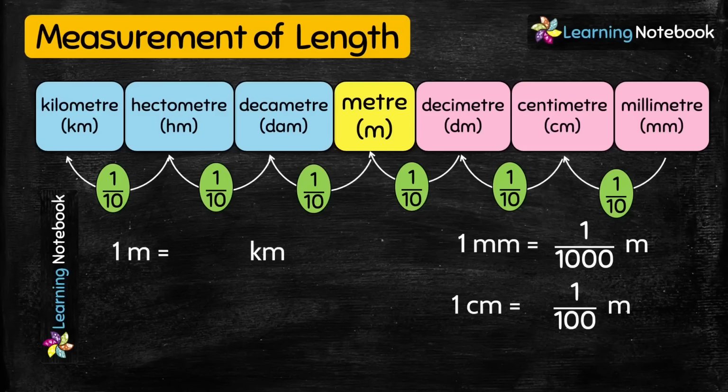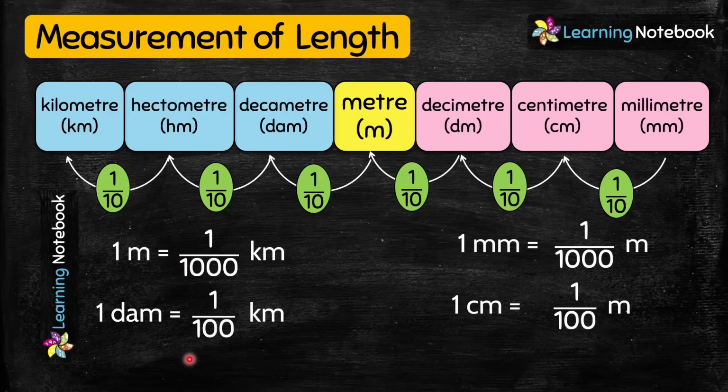In the same way, to convert 1 meter into kilometers, we will make 3 jumps. So 1 meter equal to 1 upon 1000 kilometer. And to convert 1 decameter into kilometer, we need to jump twice.